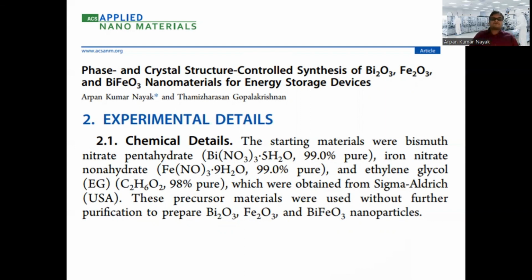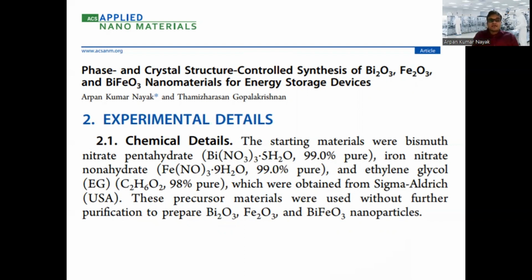Then the subheading, the first one you can see, 2.1 chemical details, or you can write materials details or materials used. Whatever you want, you can write. I used chemicals used as the subheading. What are the chemicals I used to prepare this?